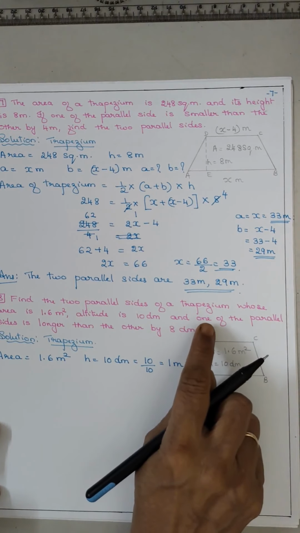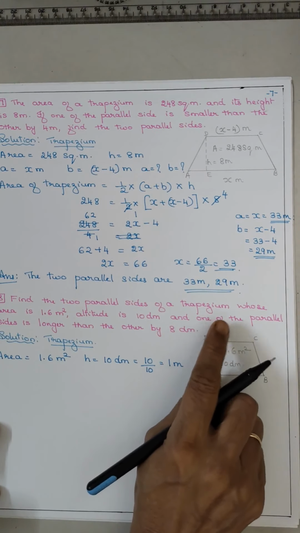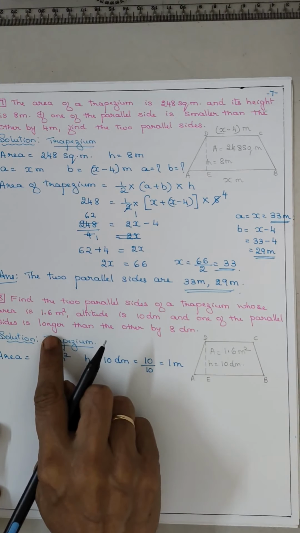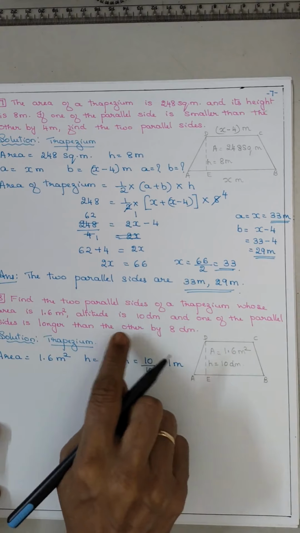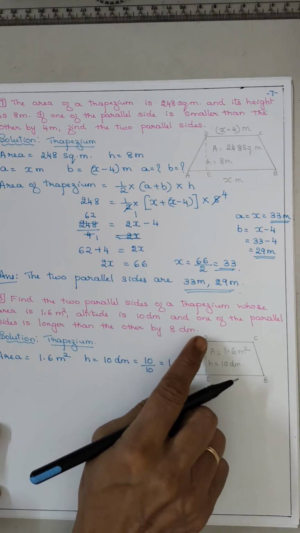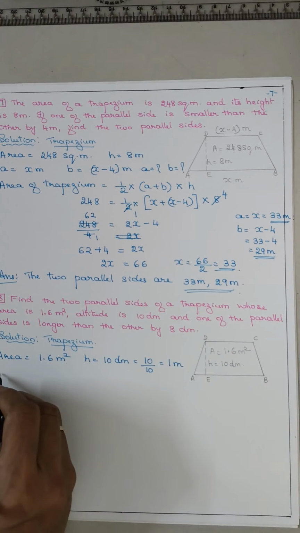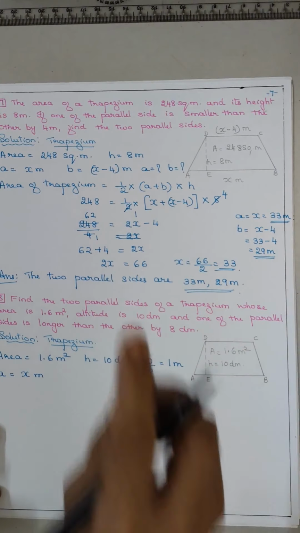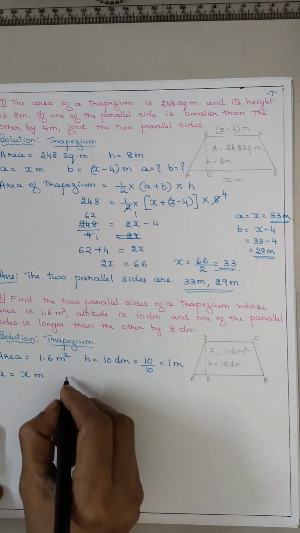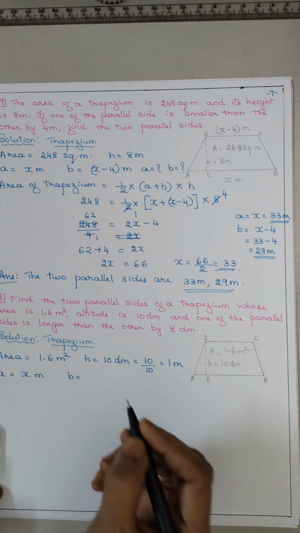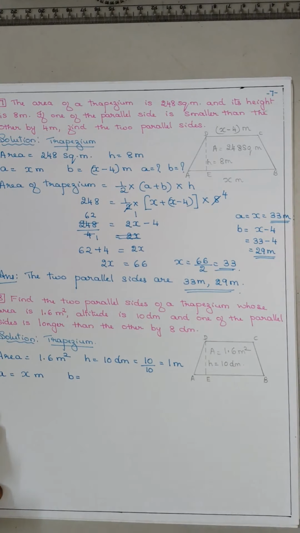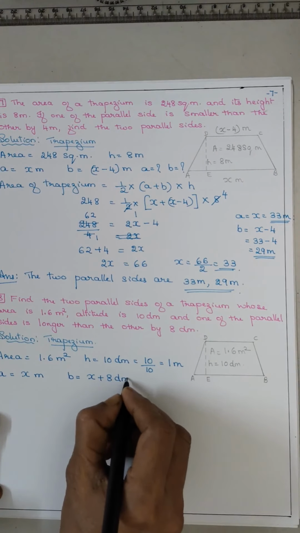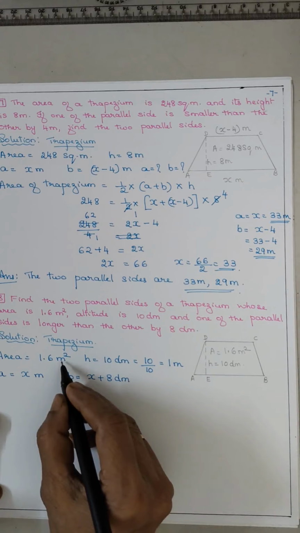Now about the sides, one of the parallel sides is longer, greater than the other by 8 dm. So let A be x meter, and B is equal to x plus 8 dm, but this is in meter.